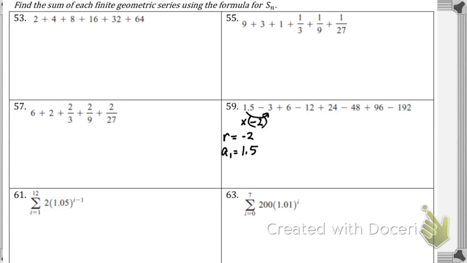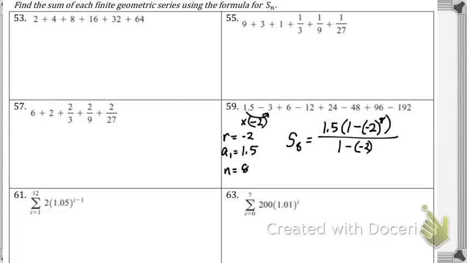I have 8 terms, so my n equals 8. So my S sub 8 is going to equal my first term, 1.5, times 1 minus r, which is negative 2, to the 8th, and it's all over 1 minus our r value, which if you plug in should come out to your answer.